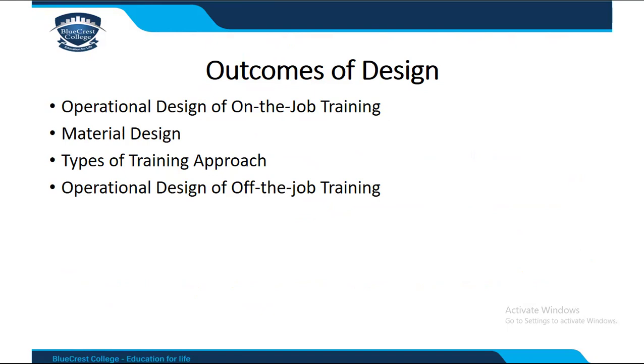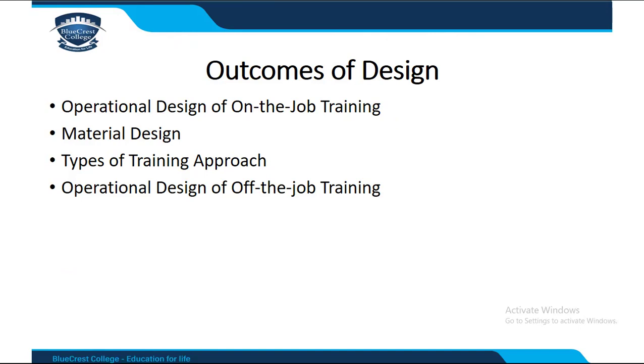Once you are done with the design, there are things that you should have done. You should have been able to come up with a design for on-the-job training. If it's an off-the-job training, you should be able to come up with a design for off-the-job training, how it's going to be, and you should also be able to design a material for the training as well as the type of training approach to use.